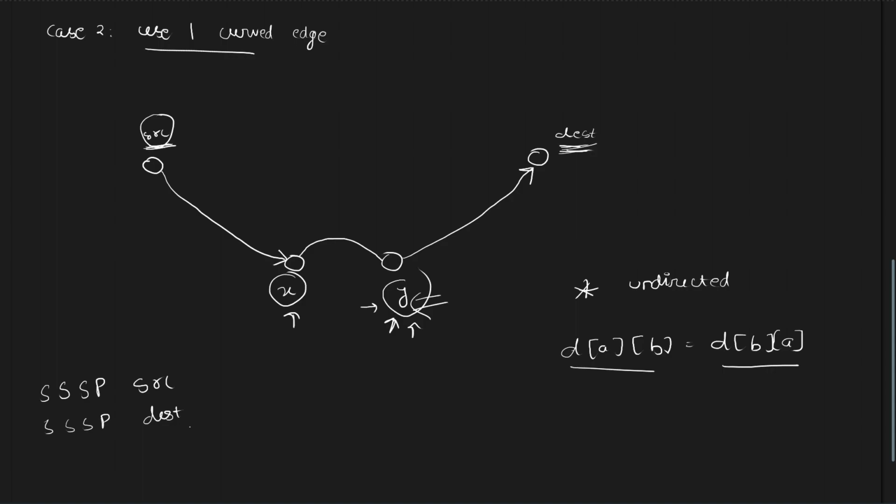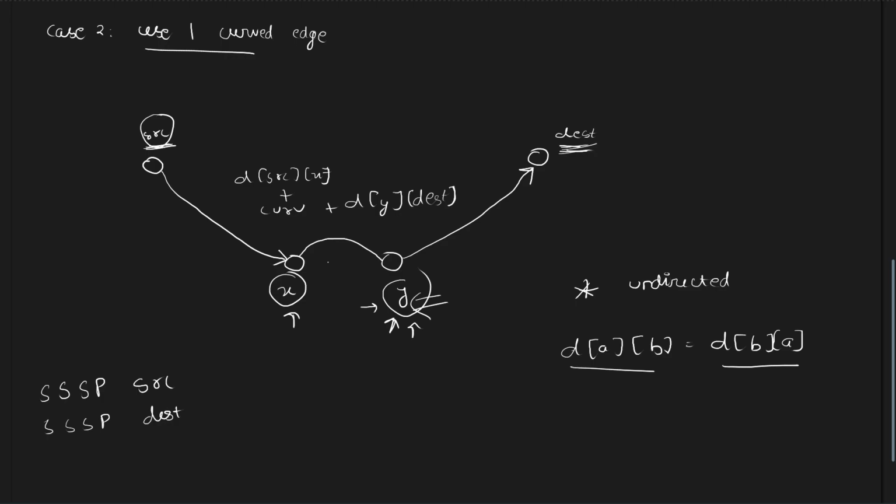So now we know the distance of source to x, we know the distance of this curved edge, let us just write it as curb, and we know the distance of y to destination. So we can find the total distance between source and destination using this particular curved edge.